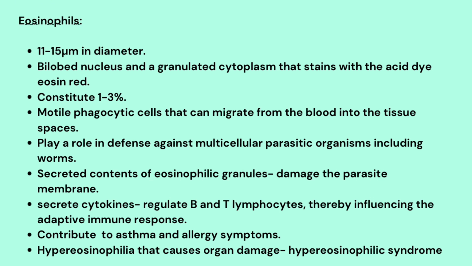They also secrete cytokines that regulate B and T lymphocytes, thereby influencing adaptive immune response. So what is adaptive immune response? It is a highly specific immune response by our body against pathogens.